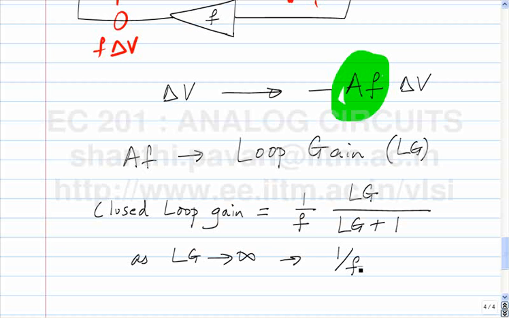The only thing we need to be concerned about is how constant with temperature this feedback factor is, the gain of the feedback block, which is F. Since we know that the performance of the closed loop system is dependent on the properties of the feedback network, we have got to make sure that the attenuation of the feedback network doesn't vary all over the place, and that is very straightforward to ensure.